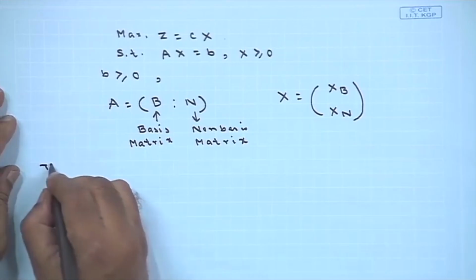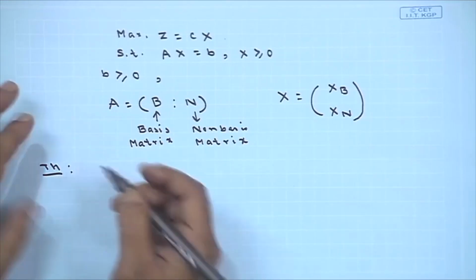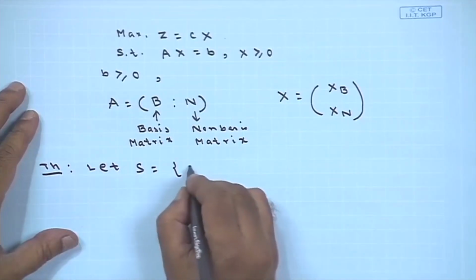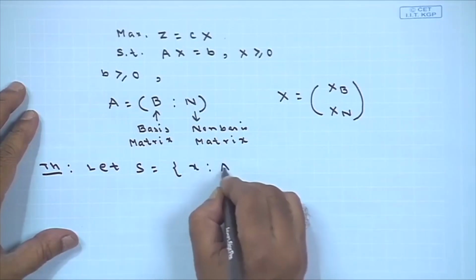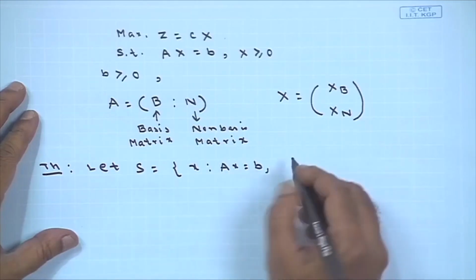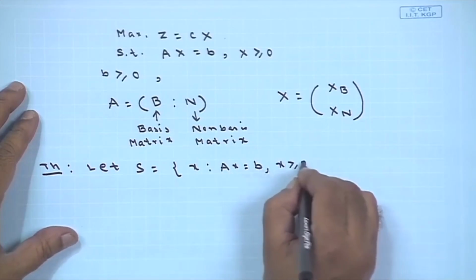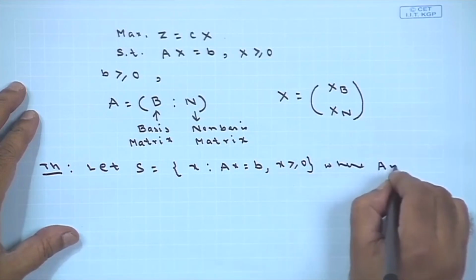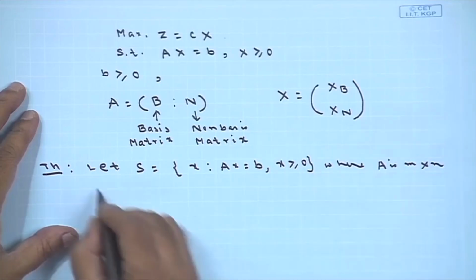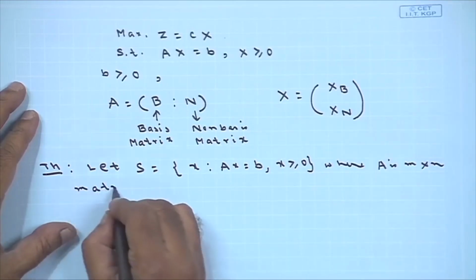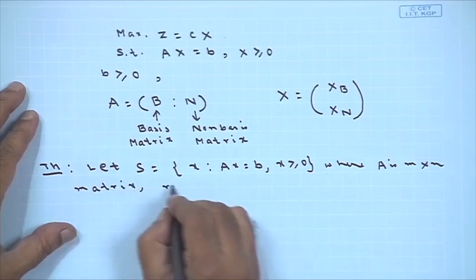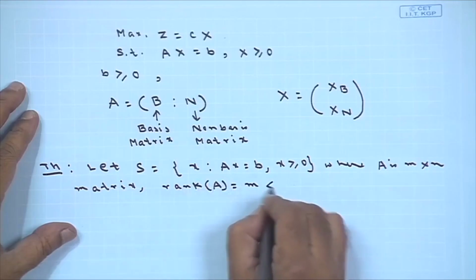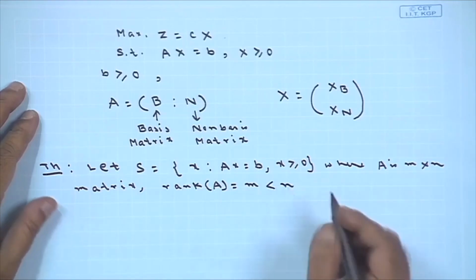There is a theorem. The theorem states that let S equals x such that Ax equals B, x greater than or equal to 0, where A is an m cross n matrix and rank of A is equal to m, which is less than n.